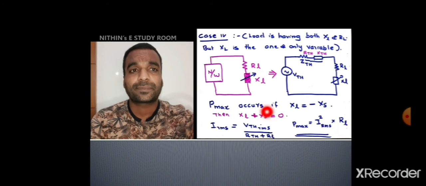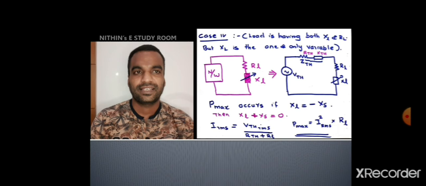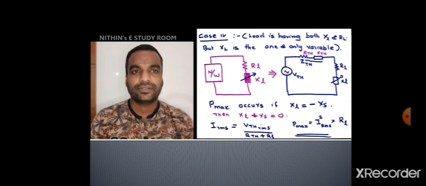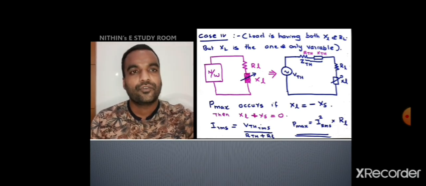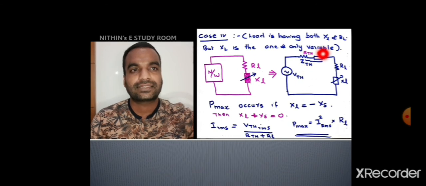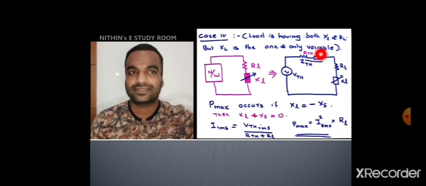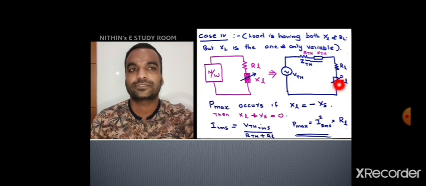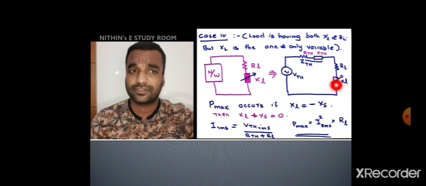So XL plus X Thevenin will become 0. So what happened? In the current equation, you will get V Thevenin RMS divided by R Thevenin plus J X Thevenin plus RL plus the XL effect. But XL is equal to minus X Thevenin, so XL plus X Thevenin becomes 0.